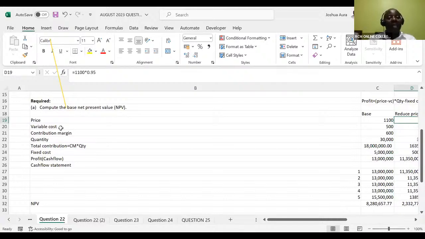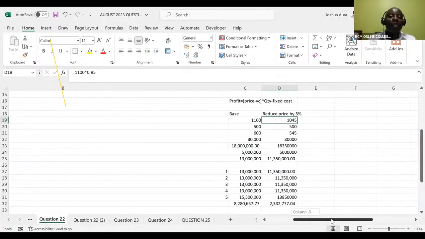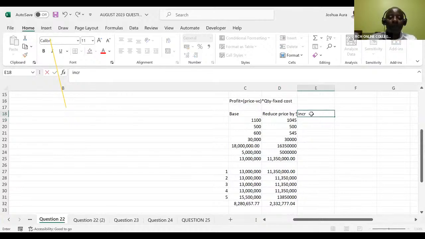So I'm going to multiply this figure that we have here, 500, with 1.05, because it's going to increase by 5%. So the first thing I will do, I will come and copy the base. You'll come and say here, variable cost, increase variable costs by 5%, like that.